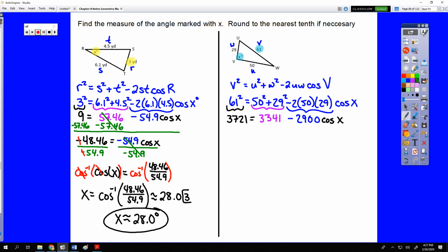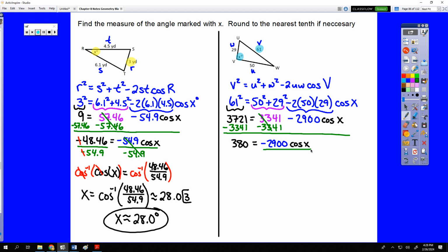Same deal, we're going to subtract the purple piece, so subtract 3341 from each side. 3721 minus 3341 is 380 equals negative 2,900 times the cosine of x.